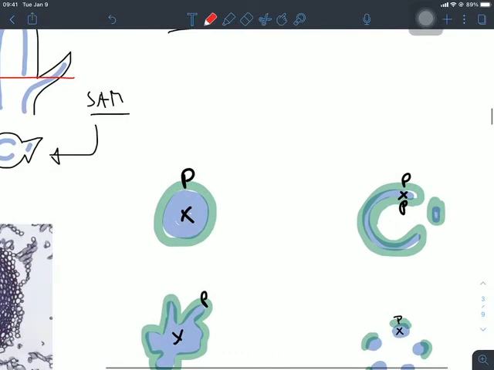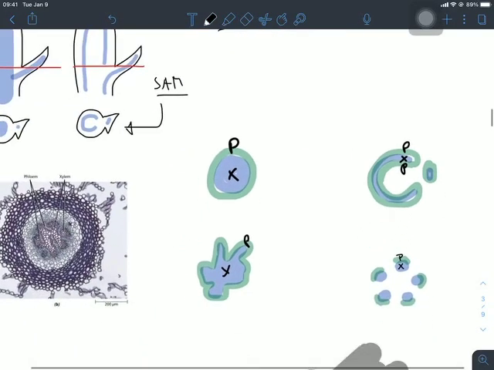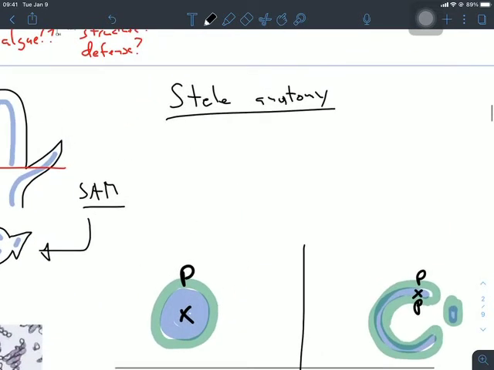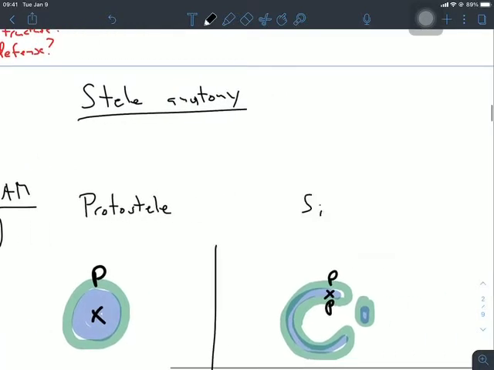So in terms of stele anatomy, we have two different classes: those with xylem in the middle and those with pith in the middle. This differentiates our two stele anatomies into either protosteles, named because they are the early stelar form, and siphonosteles.